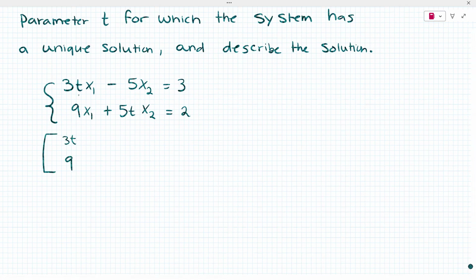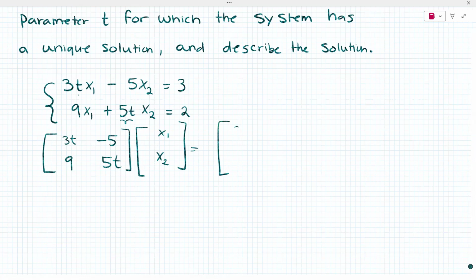You have that -5, and then don't forget you have a 5t on the bottom. Equals your vector x, x1, x2, equals your vector b, which is 3 and 2. So this is your matrix A, this is your vector x, and this is your vector b.